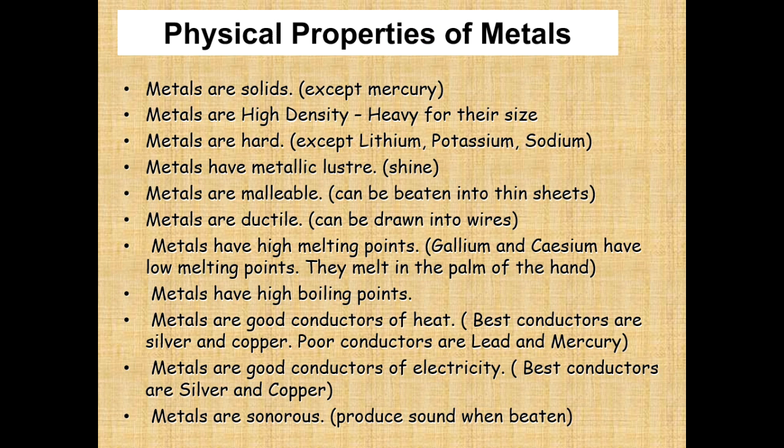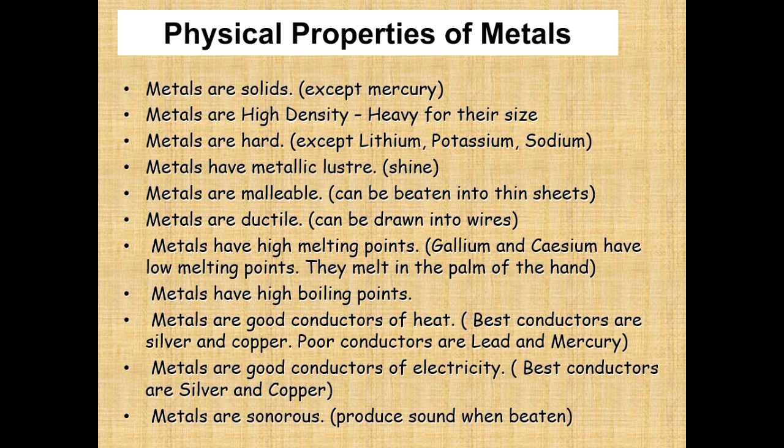Now we will discuss the physical properties of the metals. Metals are solids, except mercury, which is a liquid at room temperature. Metals are dense, so heavy for their size, because of their atomic structure. The atoms are very close together, so that is why they are dense and heavy.